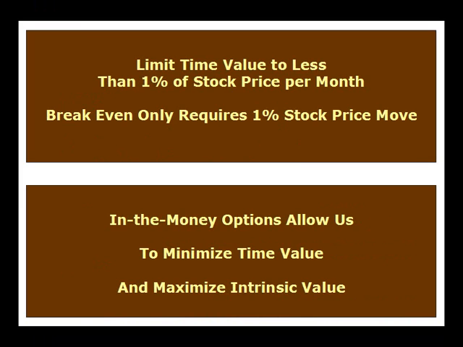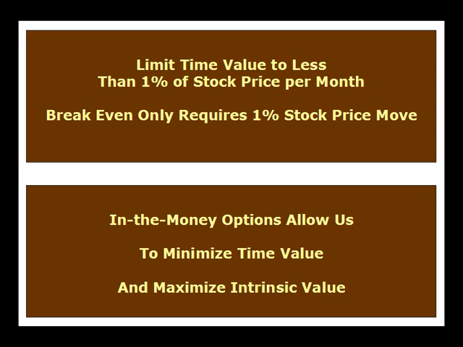Now, as a general rule of thumb, I like to limit the time value of an option to less than 1% of the stock price per month. If the time value of an option is 1% of the stock price, then the stock only has to increase 1% in order for the trade to break even.